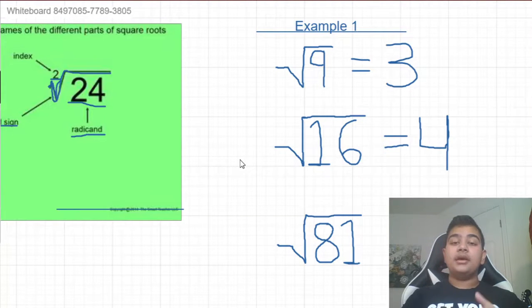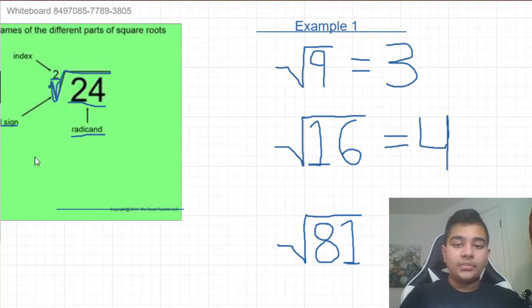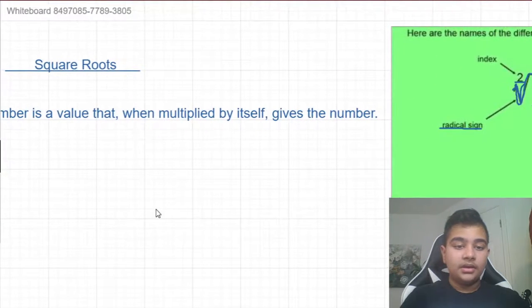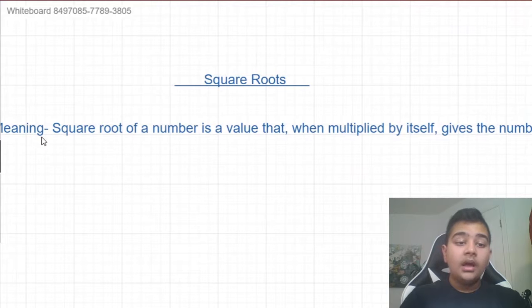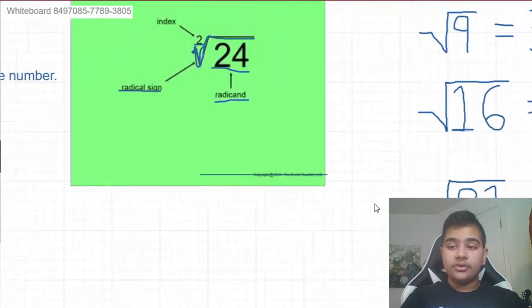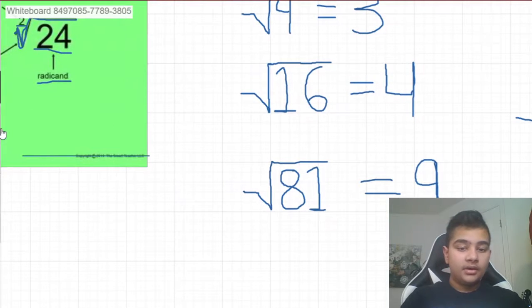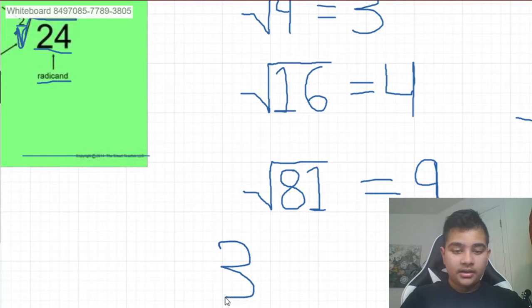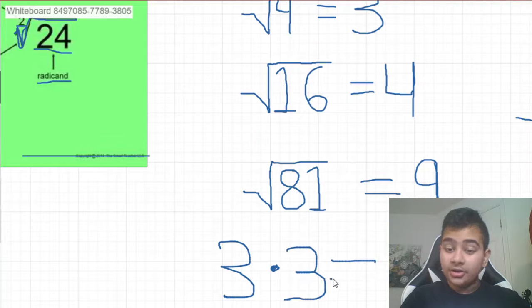So let's see what a square root's opposite is. As it says in our description, the square root of a number is a value that when multiplied by itself, so the same number being multiplied by itself. So let's look at 3. What's 3 times 3? We all should know this.